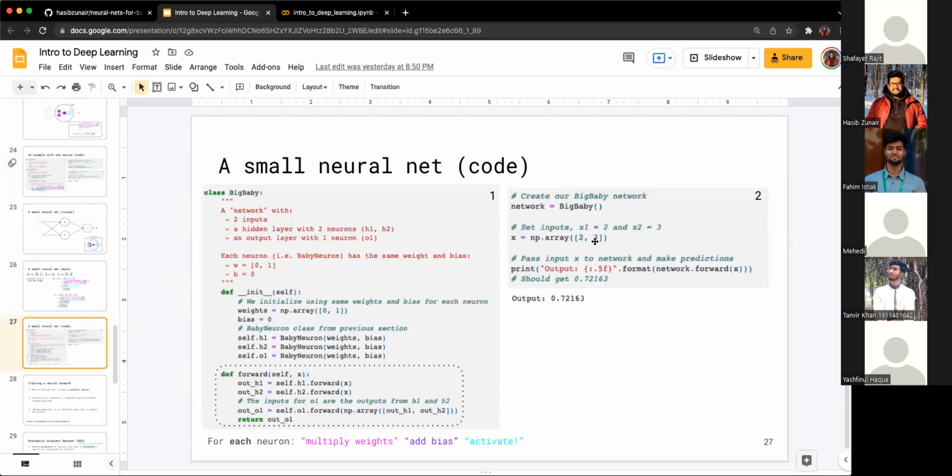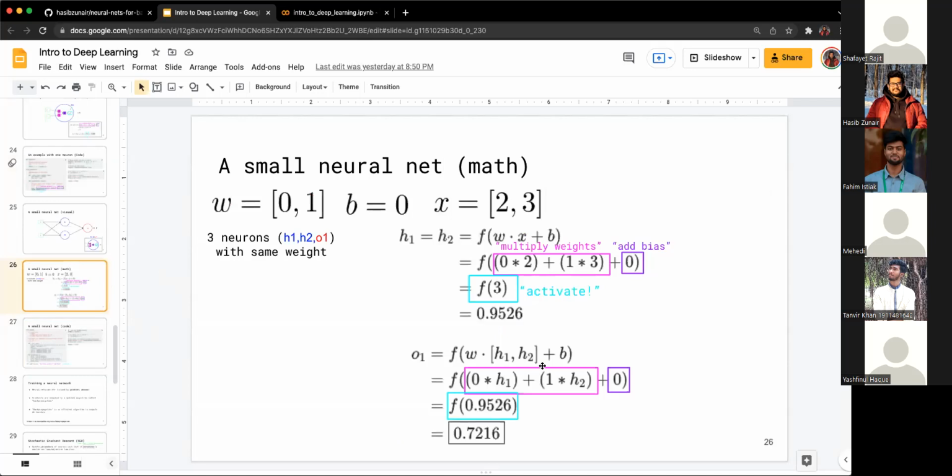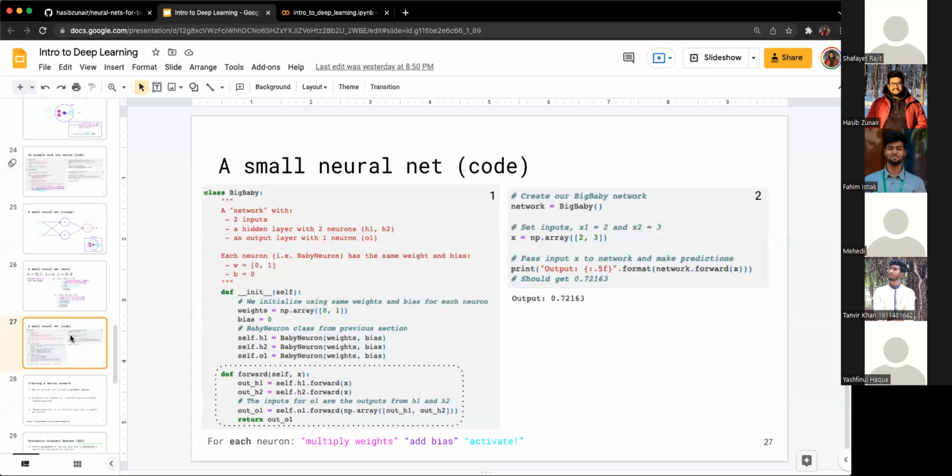So you can see I'm giving it a value of 2 and 3, and then I'm doing this sort of forward pass again through a bigger network, and we can see the value 0.7216, which is exactly what we would get if we do this by hand, right? Any questions so far? Can you follow along, relate how the flow diagram, the math, and the code are all the same thing? It's just a different version of it.